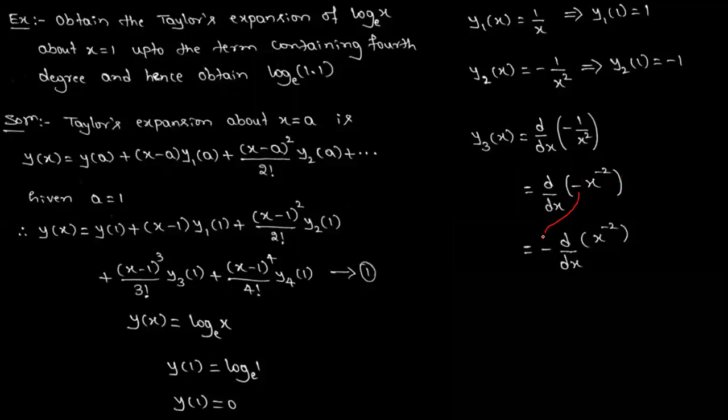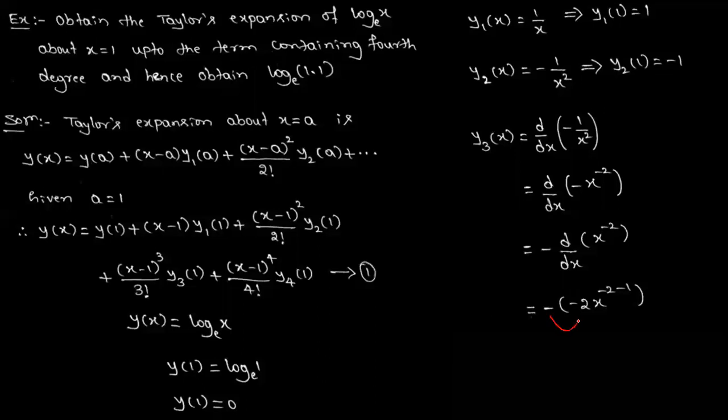Minus we have taken outside the derivative d by dx of x to the power minus 2. When we differentiate x to the power minus 2, we get minus 2 into x to the power minus 2 minus 1, by using the formula for derivative of x to the power n, which is n into x to the power n minus 1.